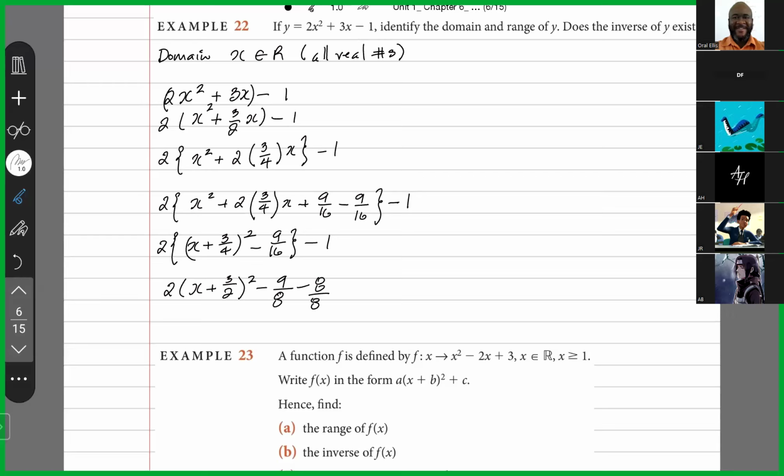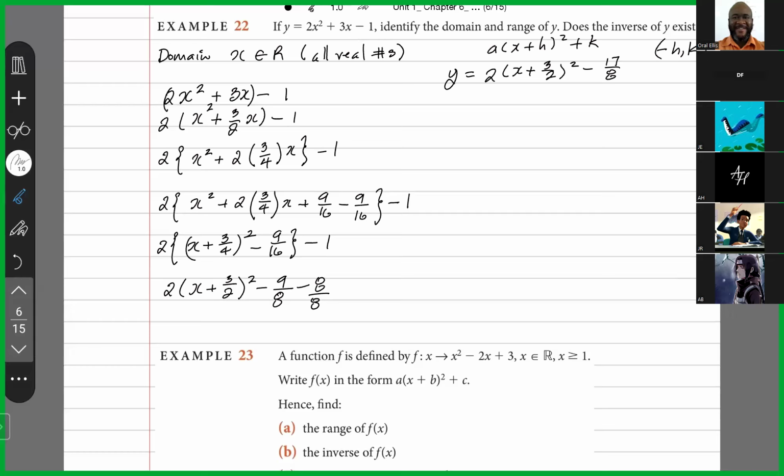So what I have is that y is actually equal to 2 into x plus 3 over 4 squared minus 17 over 8. What else? So this would be in the form a into x plus h squared plus k, and minus h, k would be my turning point.